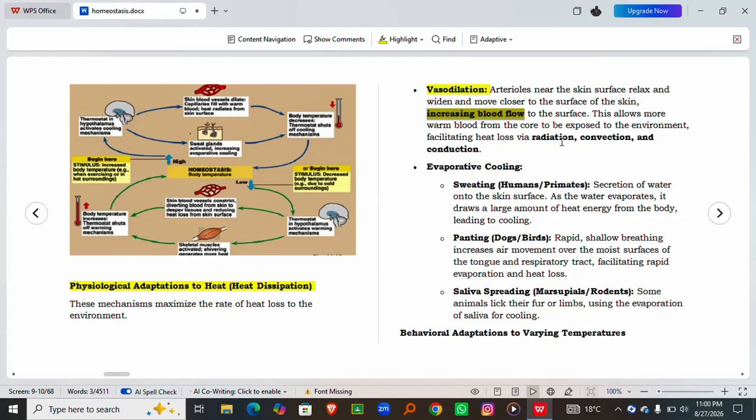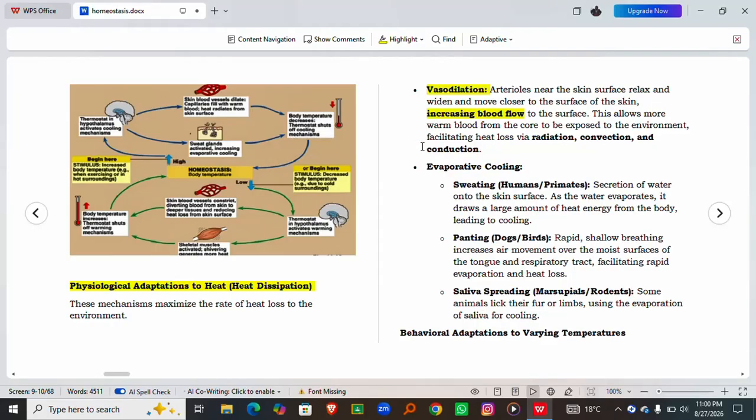The larger the volume of blood flowing to the skin, the more heat is going to be lost. So if there is an increased temperature, vasodilation is going to take place so that enough blood flows to the skin, and that excess heat in the body is going to be lost on the skin surface.